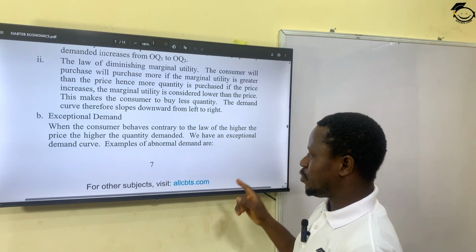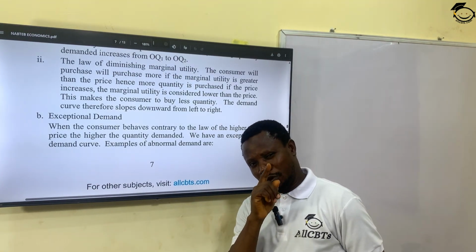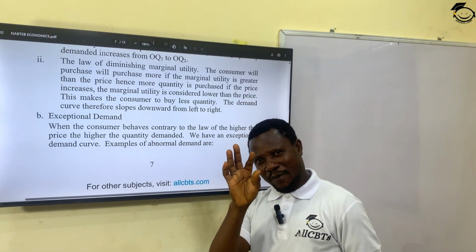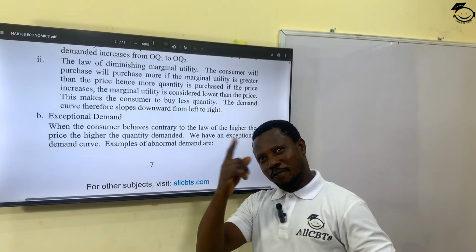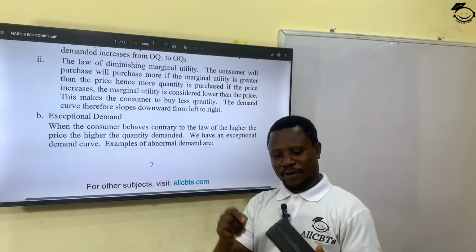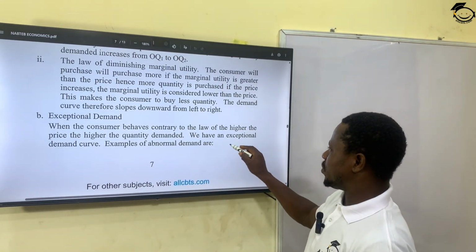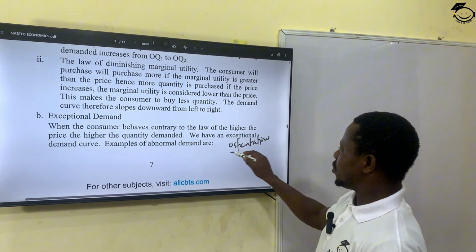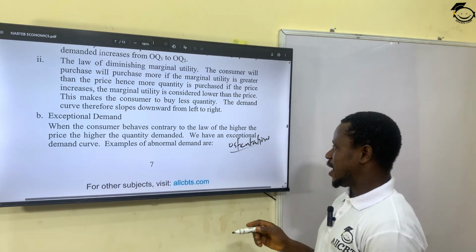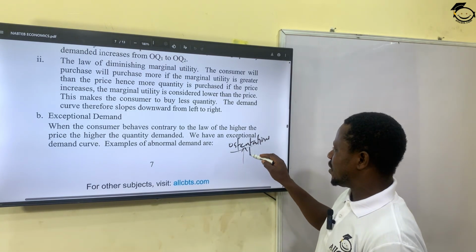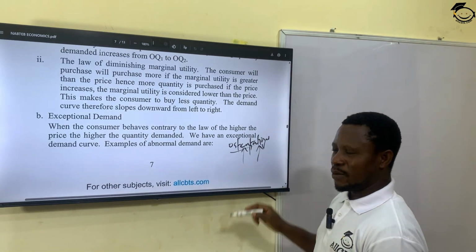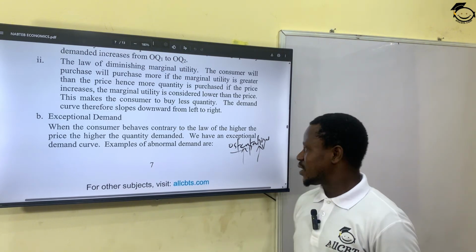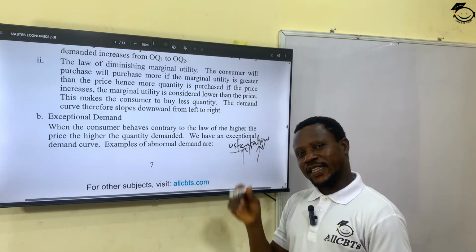Which products can you still remember that have an abnormal demand curve? One of them is ostentatious goods. Ostentatious goods are goods that people believe the higher the price, the more value they possess, and so they buy more of that product at a higher price.